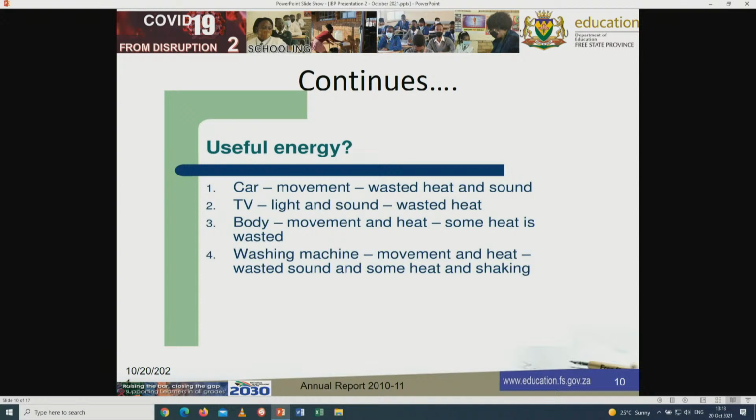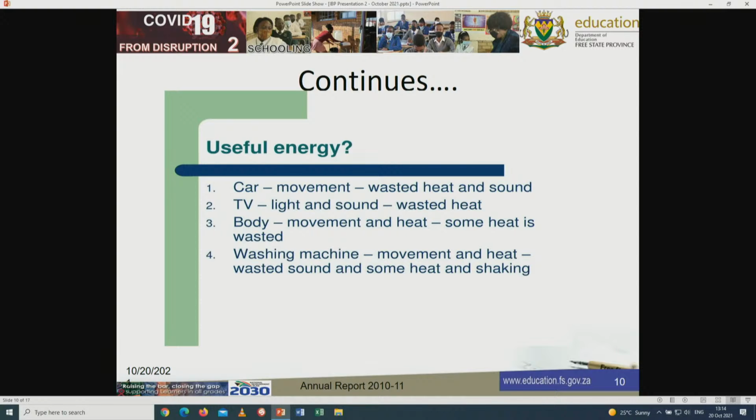Input energy from electricity to the TV. We see light from the TV, useful. Sound from the TV, useful.